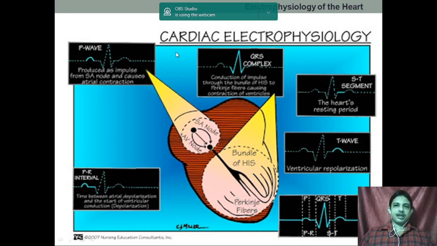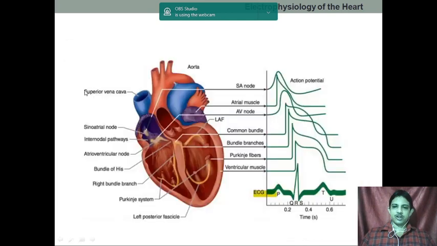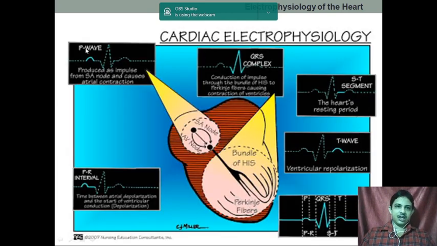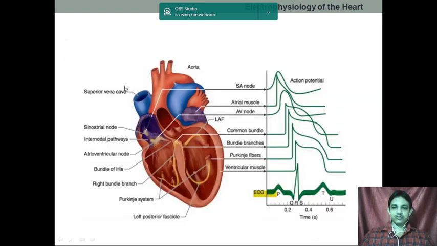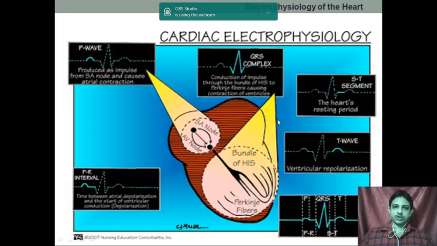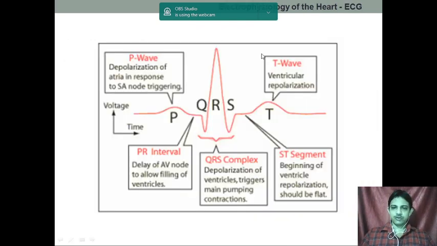Again, if we consider cardiac electrophysiology, as we have already told, PQRSTU. The P wave is produced as the impulse from the SA node and causes the atrial contraction. So in the P wave, you can find that the SA node is responsible for the atrial contraction. QRS complex, which one?